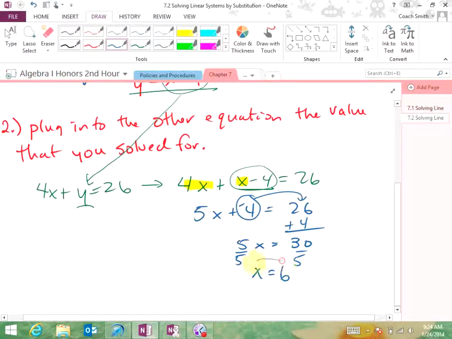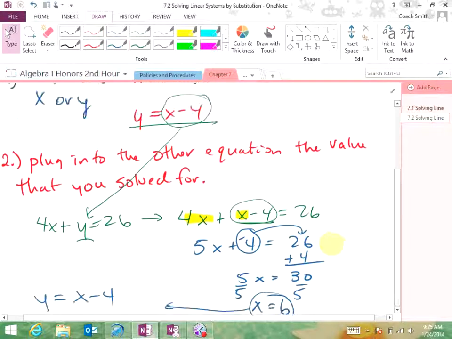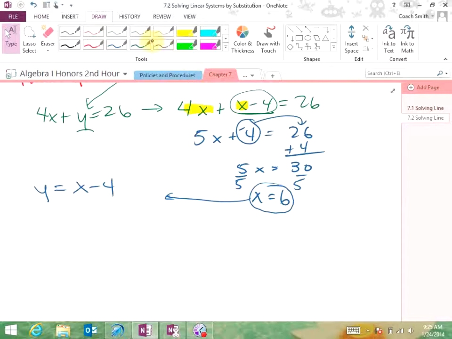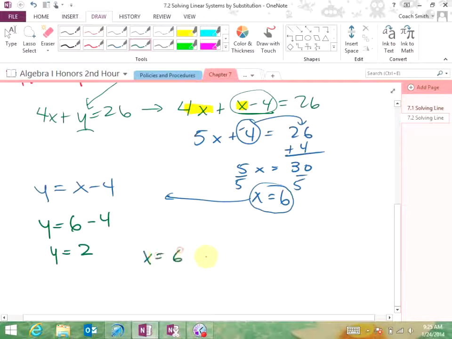So I take this value and plug it into y equal x minus 4. So now I have y is equal to 6 minus 4. 6 minus 4 means y is equal to 2. So x is equal to 6, y is equal to 2, so my ordered pair is 6, 2.